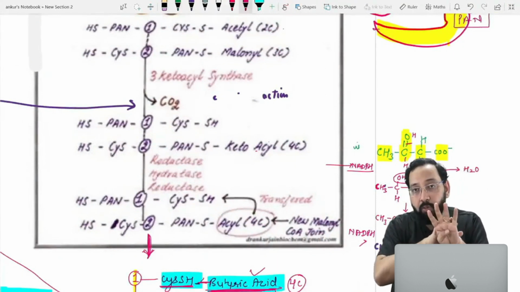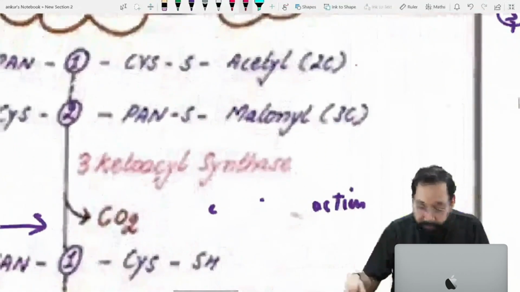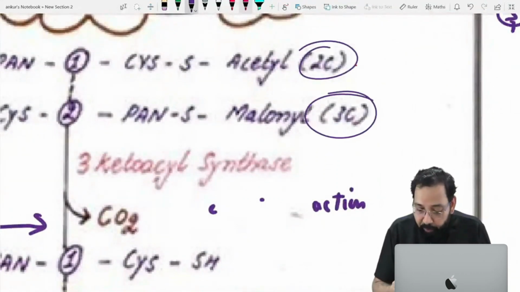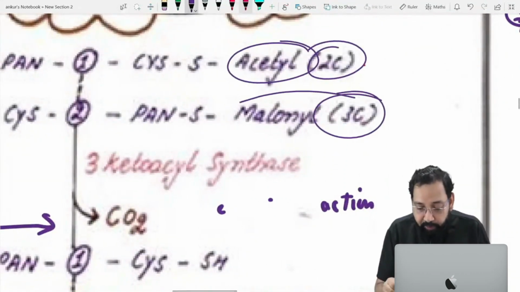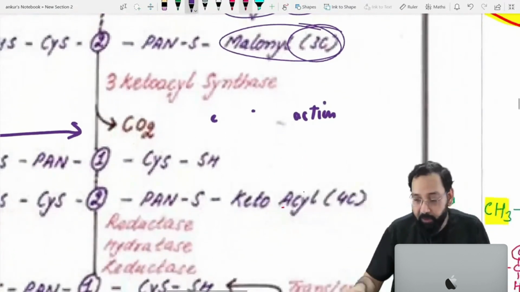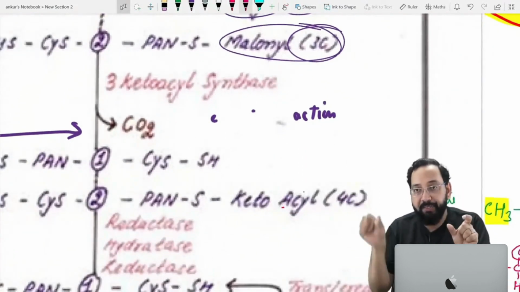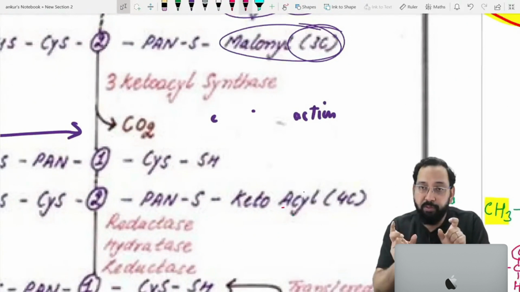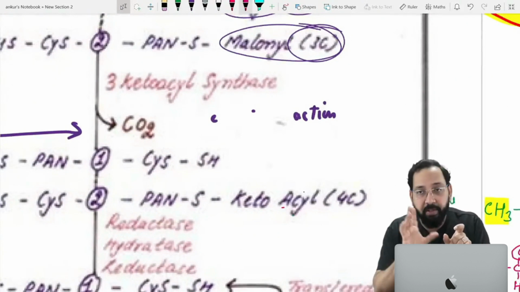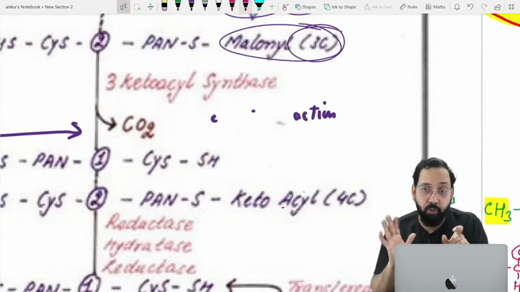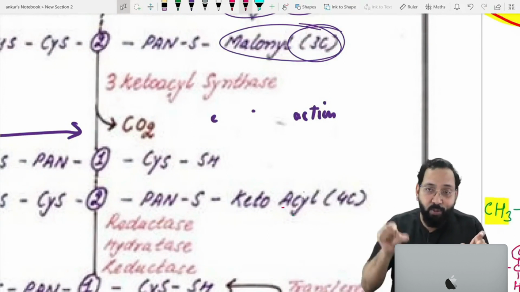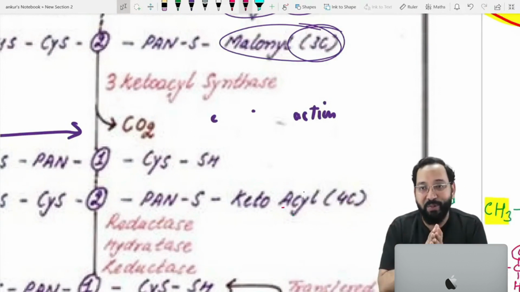So although 2 carbon joined with this 3 carbon, and you can say acetyl joined with 2 carbon, so in the first cycle also 2 carbon joined with 2 carbon. So we should say in the first cycle 2 carbon atoms are joined, meaning each cycle 2 carbon atoms joined. But we said no, in the first cycle 2 carbon joined with 2 carbon, so a total of 4 carbon joined.